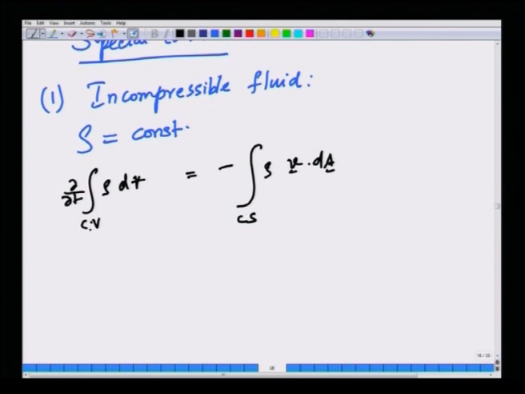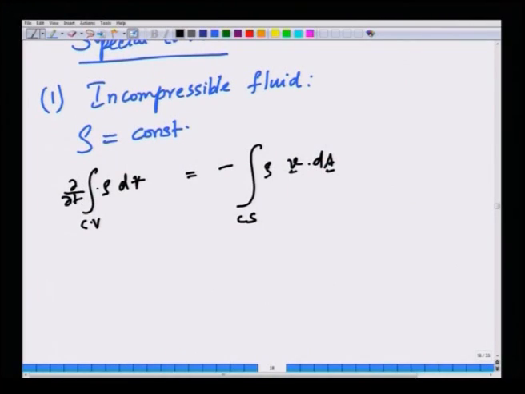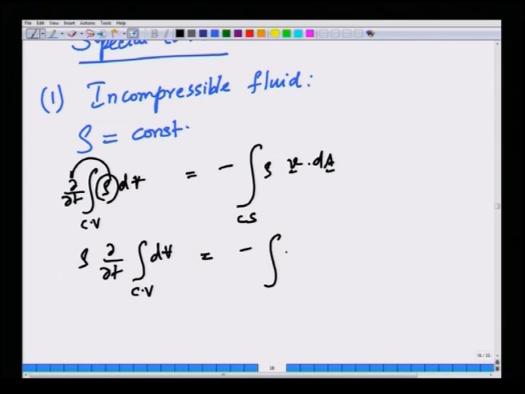Now, since the CV is generally fixed in space, it is not a function of time, you can pull this time derivative in if you choose to, but let us just keep it like that. Since rho is a constant, rho can be pulled out. So, rho d/dt of the integral over CV of dV equals minus rho times the integral of V dot n dA, because dA, the area element, is a vector: its magnitude times the unit outward normal.